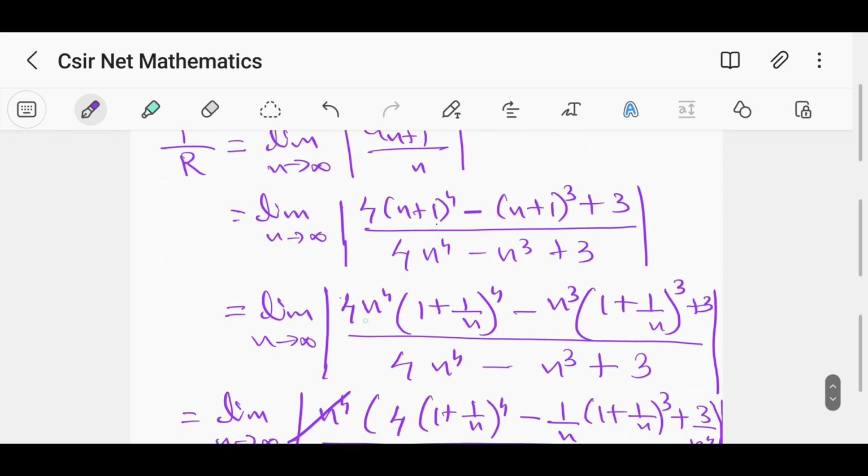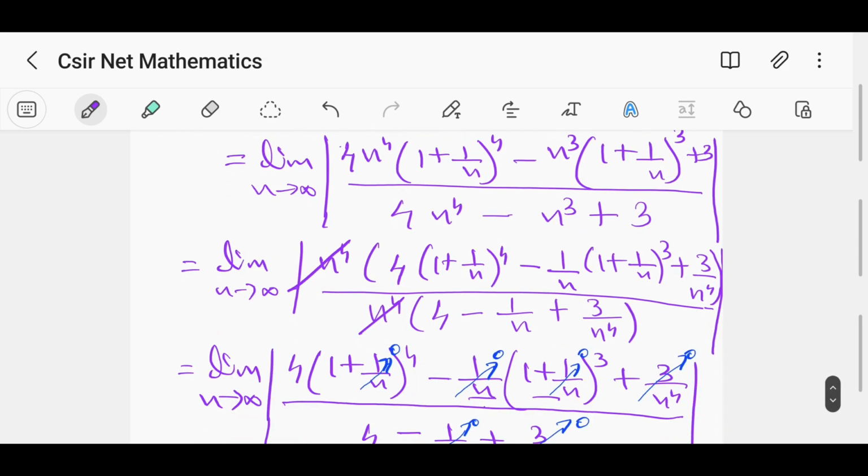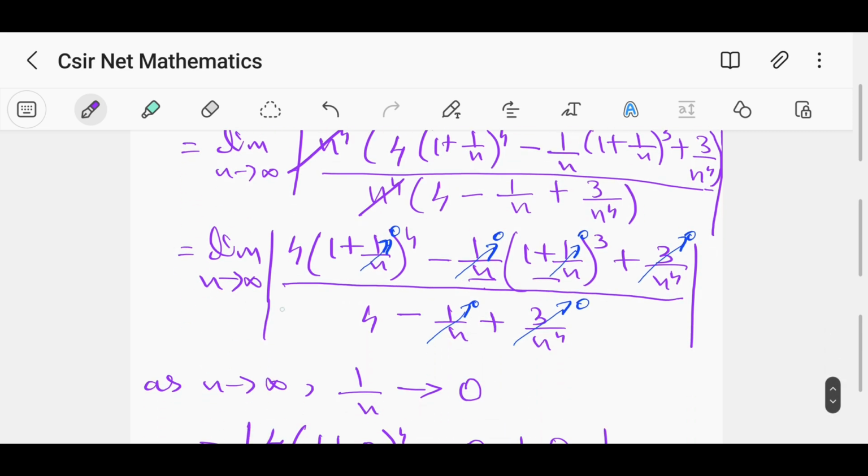Then take the common terms, the highest power of n, that you take common in each term. In each term, take it common, then try to cancel out in the numerator and denominator the possible highest power of n. Then take the limit n tends to infinity, whatever is the case.